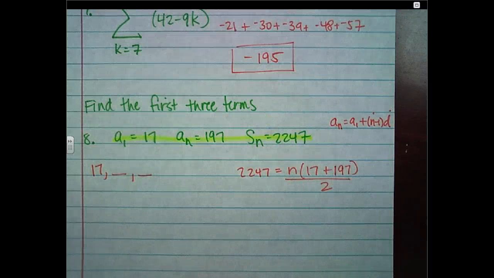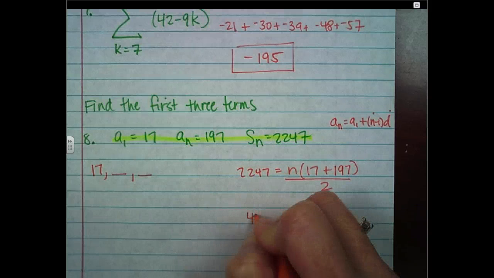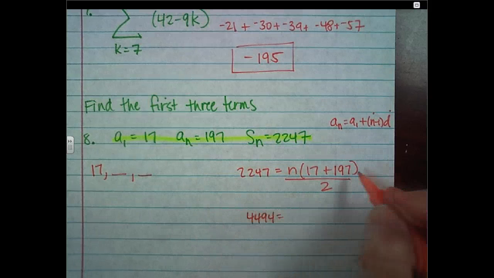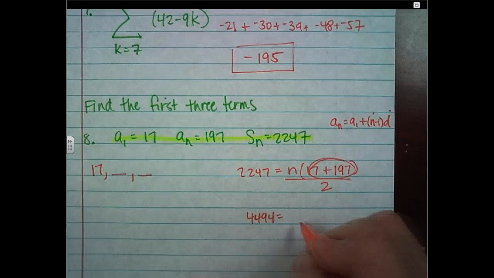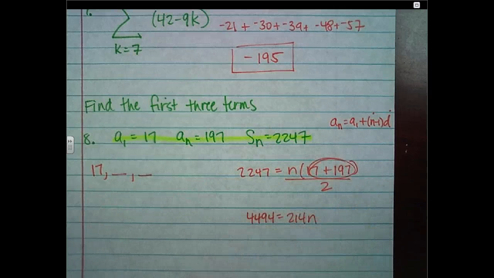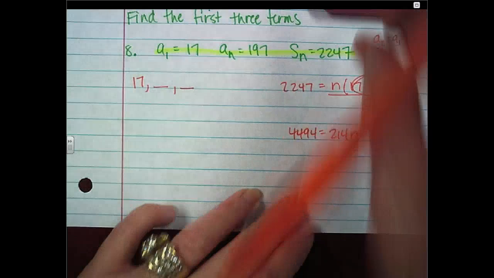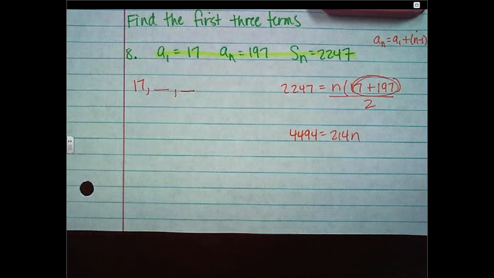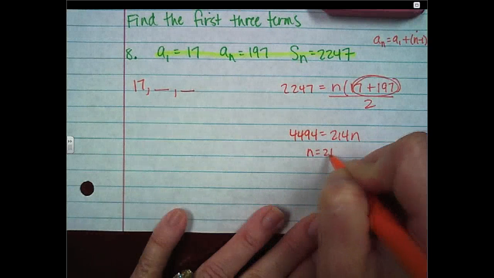Do we have N? No. What variable will that give me? N. And once I have N, can I use it to go in here and find D? Absolutely. So multiply both sides by 2, and you get 4494 equals, I'm going to add these together, so 214N. Divide both sides by 214, and N is 21.